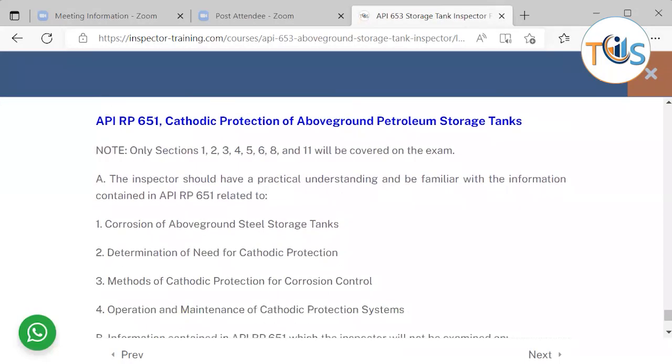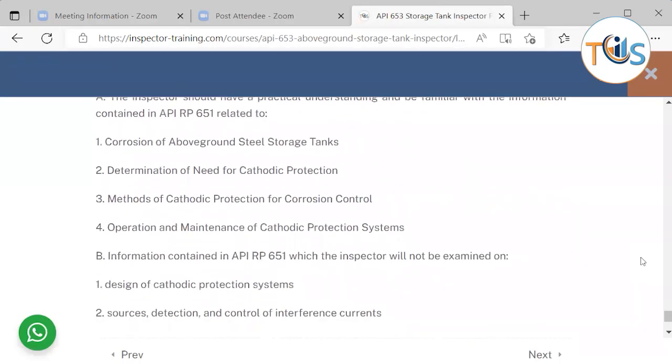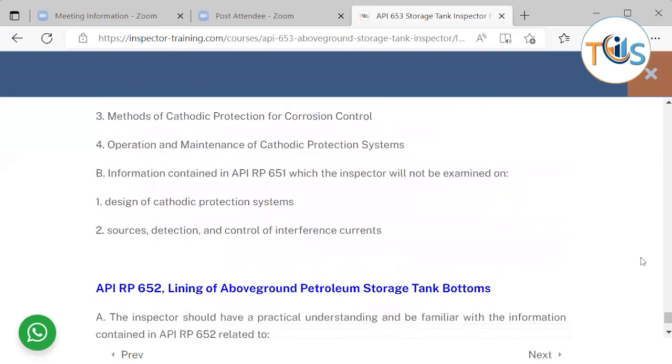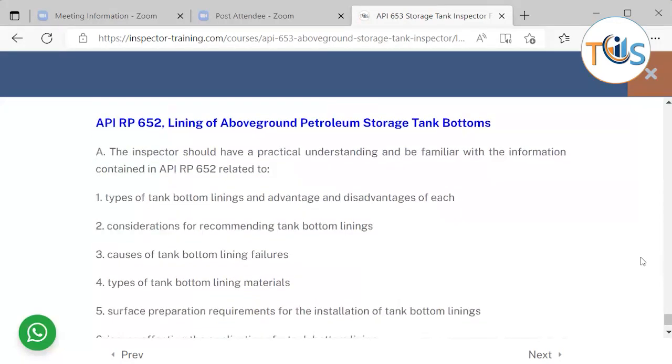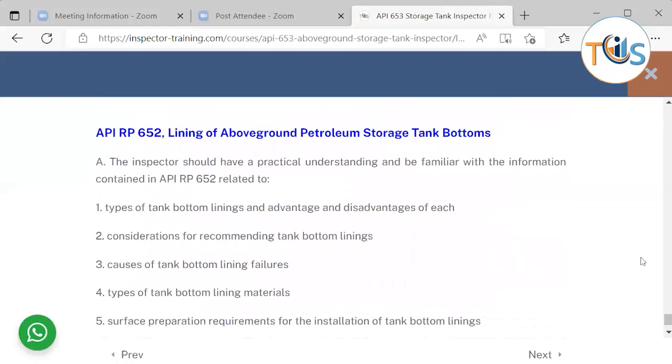And then lastly, it would be cathodic protection 651: how cathodic protection works, how the corrosion of tanks happens, and methods of cathodic protection, whether it's sacrificial anode or impressed current, and design of cathodic protection system, sources, detection and control of interference currents.